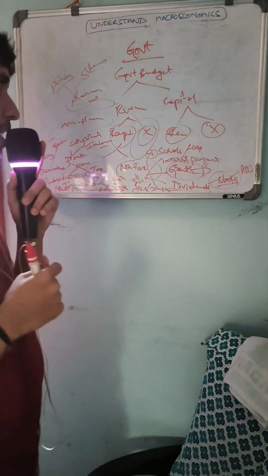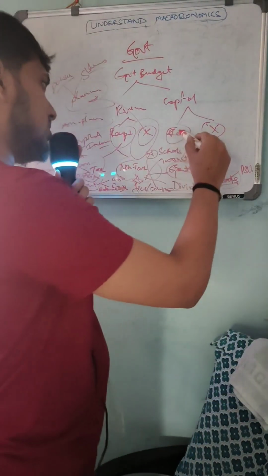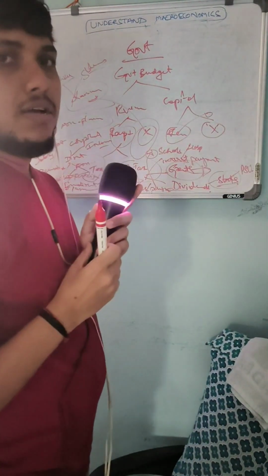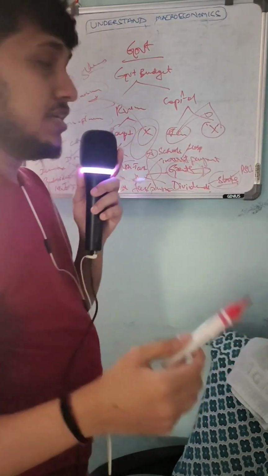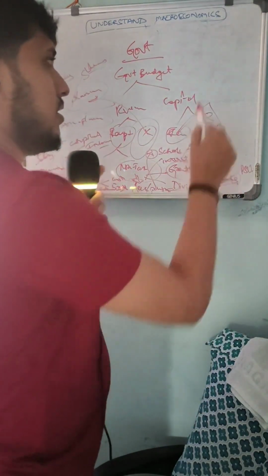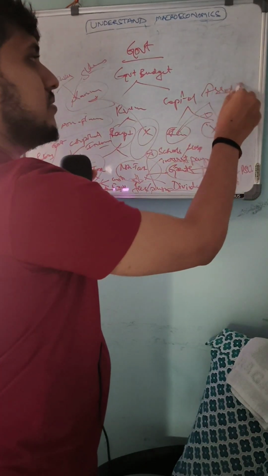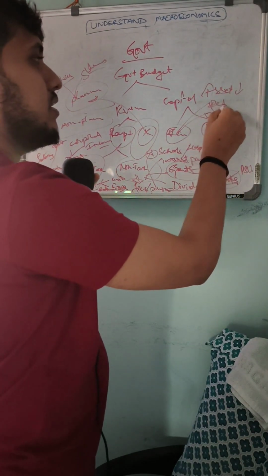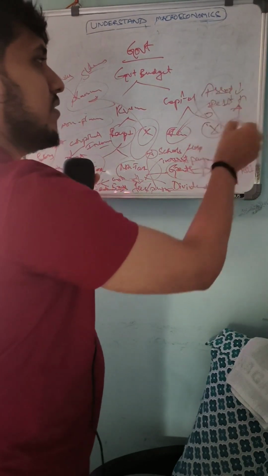In capital expenditure, capital budget, we have capital receipts. One main difference between this and this is in capital receipts, assets reduce, debt increases. This is the opposite of this.